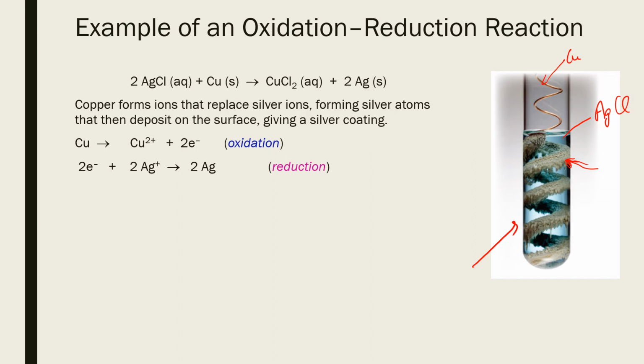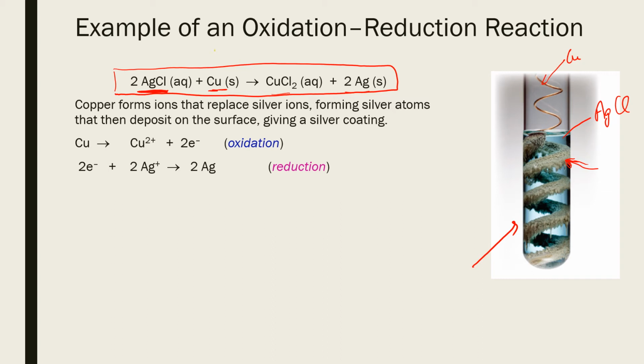So if we write the equation of this chemical reaction, we will see that silver chloride in aqueous solution is reacting with copper to produce copper chloride and silver. So as such, from this equation we cannot really see who's losing or who's gaining electrons. But if we split this reaction, then the process becomes more obvious.